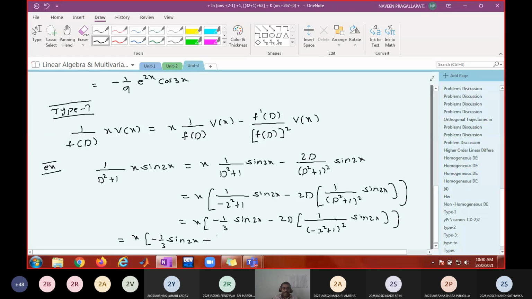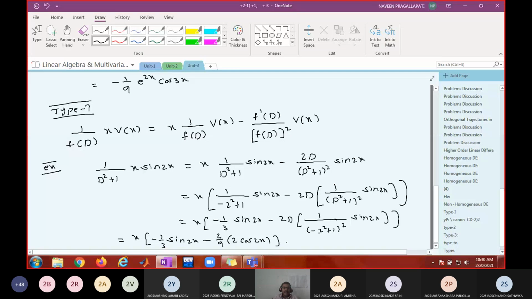So that is minus 2 by 9. Now apply the numerator: what is the derivative of sine 2x? It is 2 cos 2x, so 4 by 9 cos 2x. That's it. You just multiply x with each term and write down the final answer.